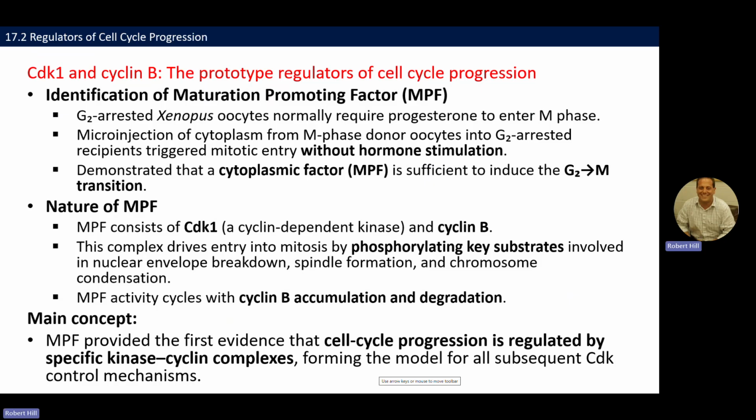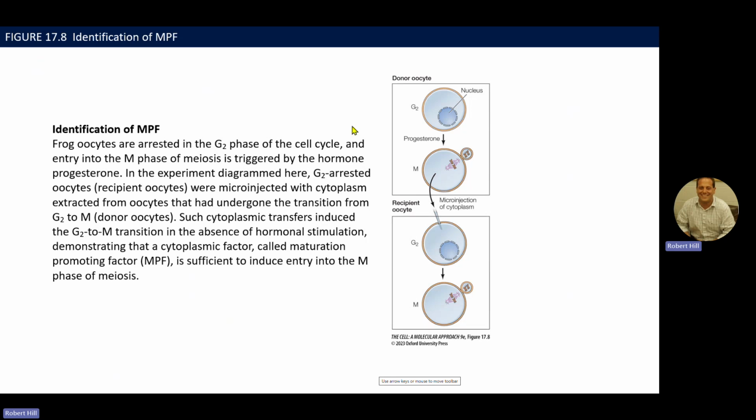MPF activity rises and falls cyclically as cyclin B accumulates during the cell cycle and is later degraded, revealing a molecular rhythm of the cell cycle. Right here, this is what happens in a cytoplasmic transfer in Xenopus oocytes. The donor oocyte, which has already transitioned from G2 to M phase, provides cytoplasm that's rich in active MPF.